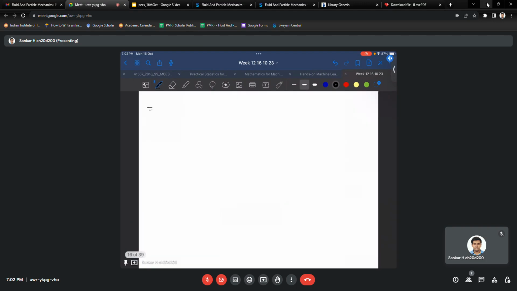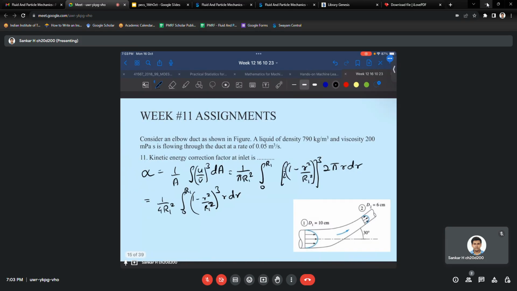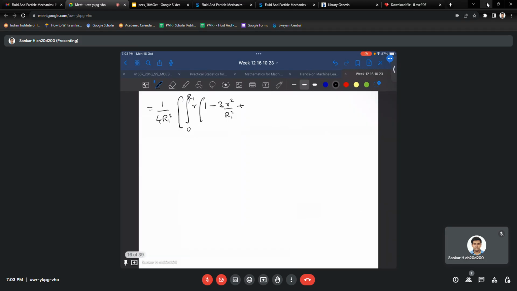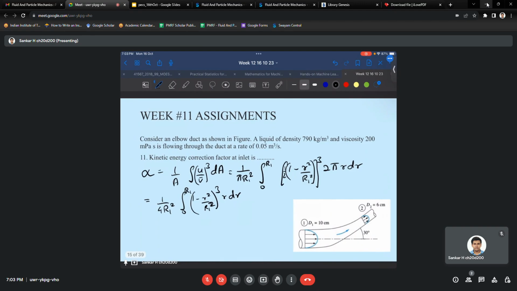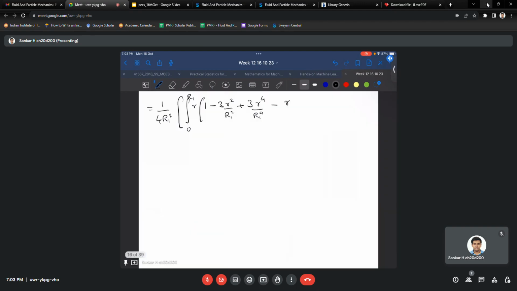It would be 1 by 4 r1 square into integral 0 to r1 into r times 1 minus 3 r square by r1 square plus 3 r power 4 by r1 power 4 minus r power 6 by r1 power 6 dr.